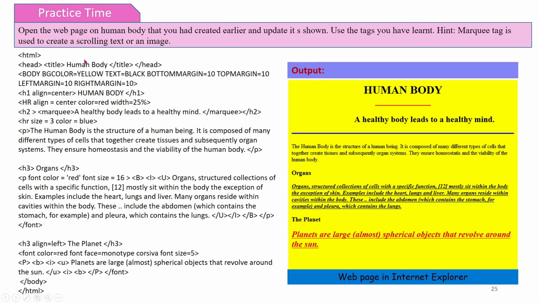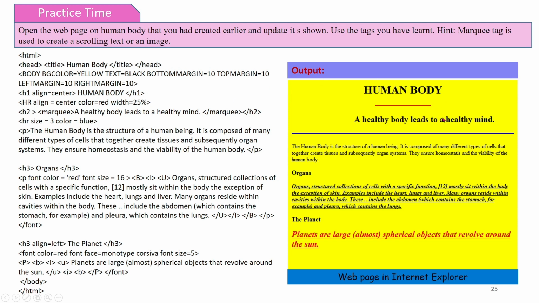So first we will go through the marquee. The marquee tag is used to create a scrolling text or an image. So "A healthy body leads to a healthy mind" will scroll from right to left. We will write this text within marquee and /marquee.